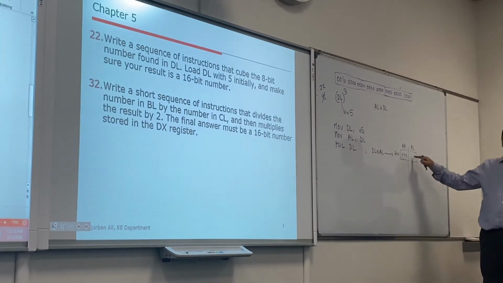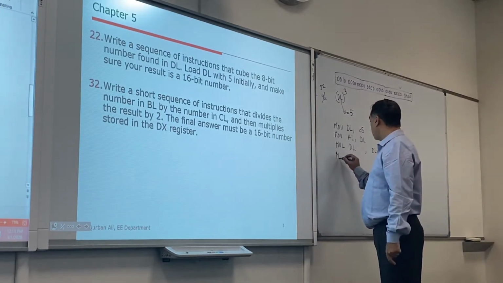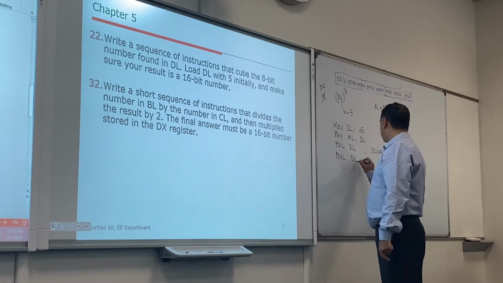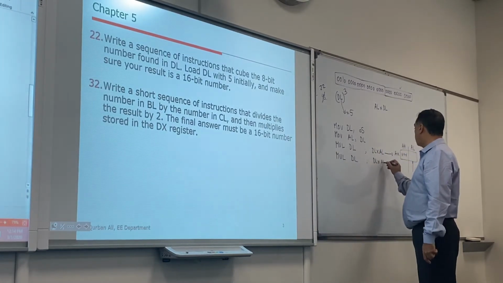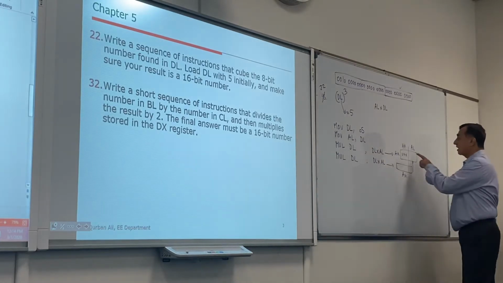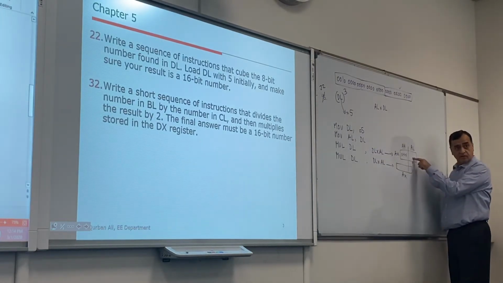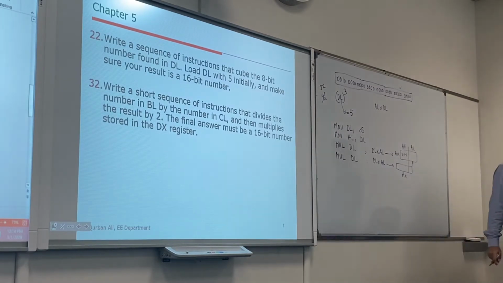So my answer of the first square is in AL, which is also a byte. Now again I can multiply it with DL. Mul DL, which will be DL multiplied by AL. Now the answer will be 16-bit. Why? Because before I have 25, right? Now multiply again, it will be in AX.